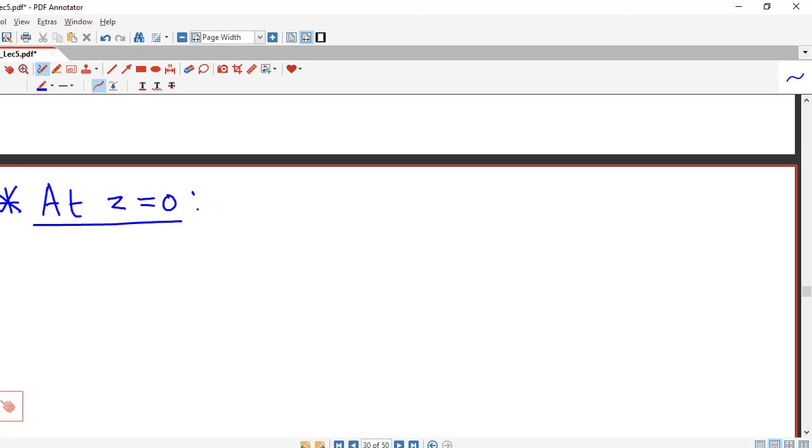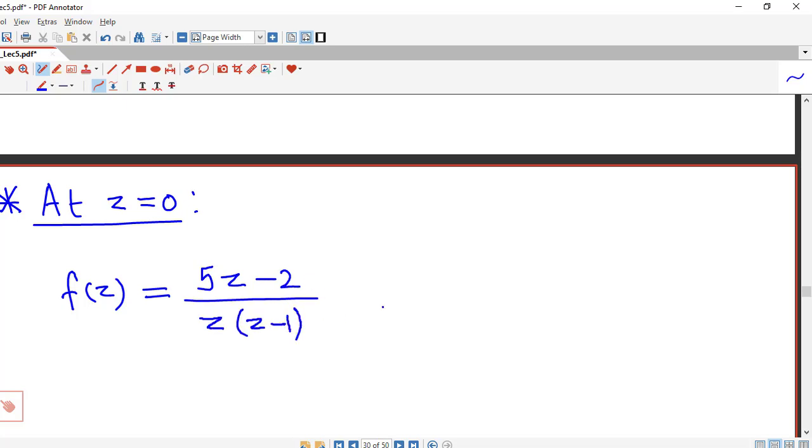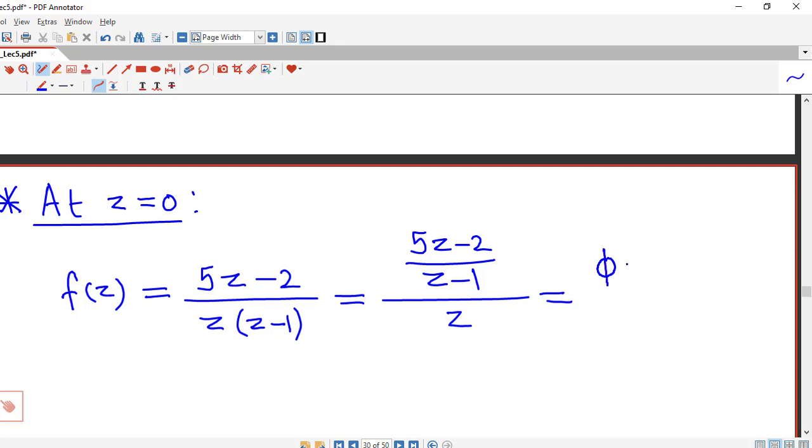First we calculate the residue at z equal to 0. For that we write our function first, which is (5z minus 2) divided by z times (z minus 1). So this we can rewrite as, I consider (5z minus 2) divided by (z minus 1) in the numerator, and I keep z here, and this numerator I denote by a function of z denoted by phi of z.